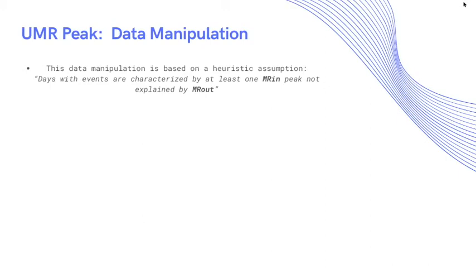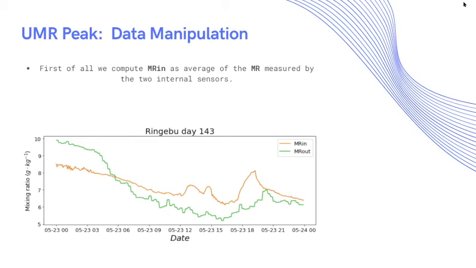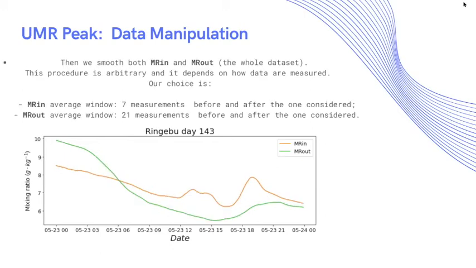Days with events are characterized by at least one internal mixing ratio peak, not explained by an external mixing ratio peak. Using the 3 mixing ratio series, we compute the average between the 2 internal sensors, and then we smooth the series. For the internal one, we take an average window of 7 samples, and for the external, we take a window of 21 samples, before and after the one considered.